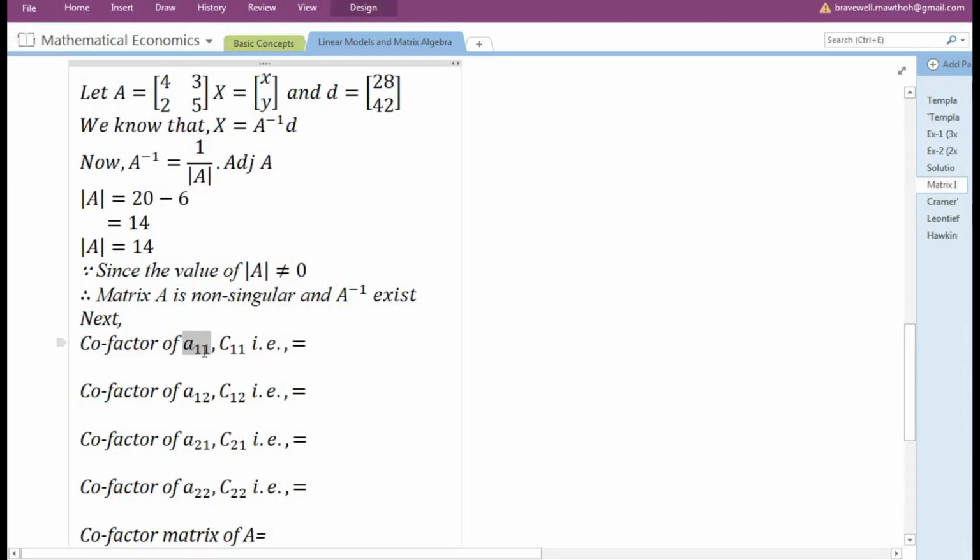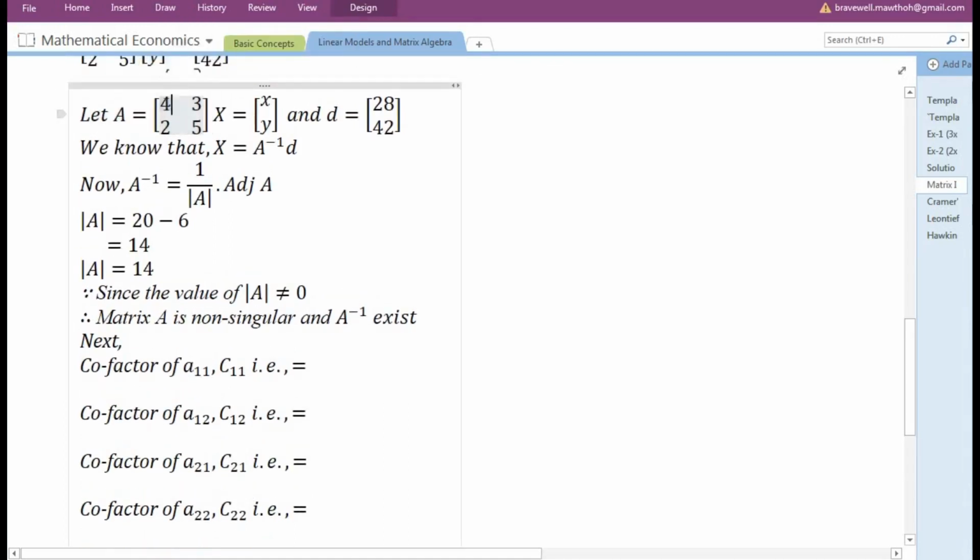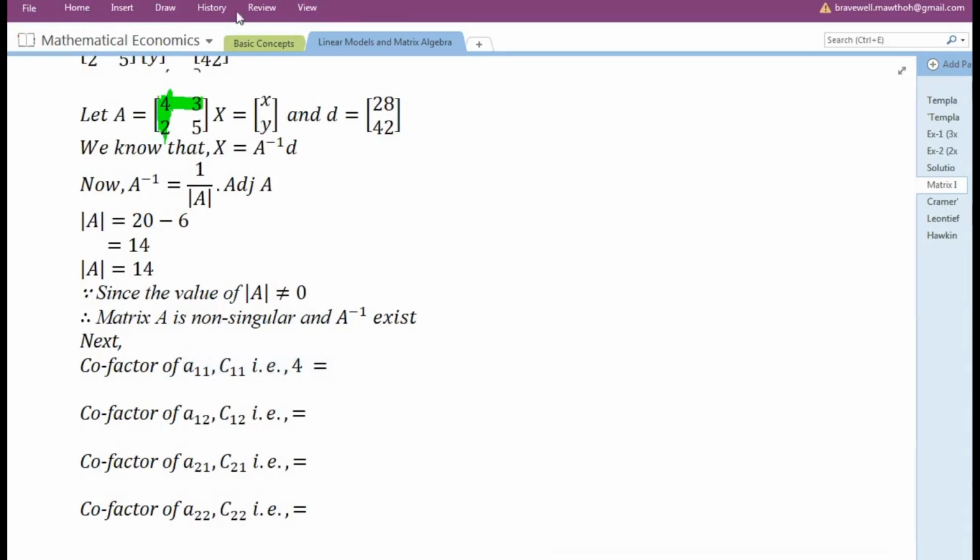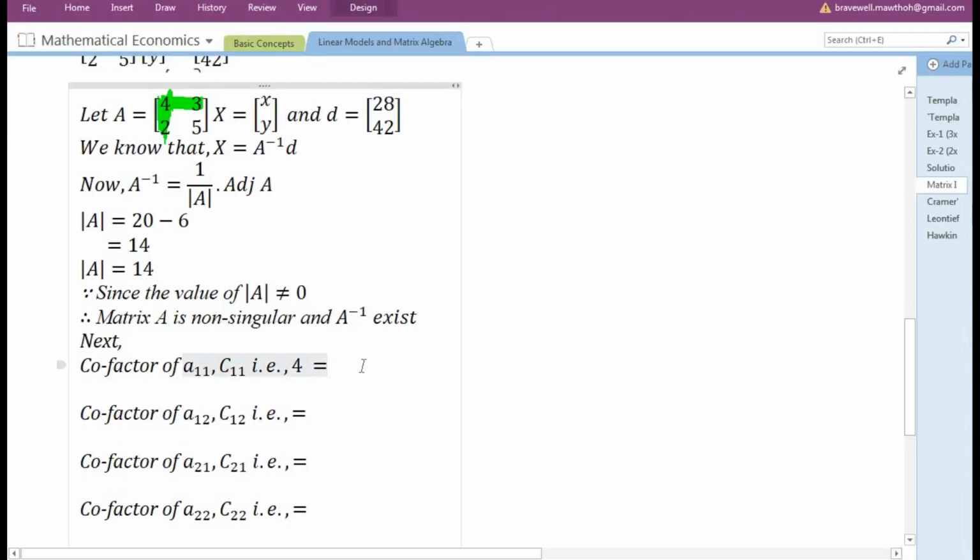Now cofactor of A11, which is element 4, let us check its positional sign. 1 plus 1 is equal to 2. 2 is an even number, so we have positive sign. After deleting the row and the column in which the element is present, we are left with element 5.